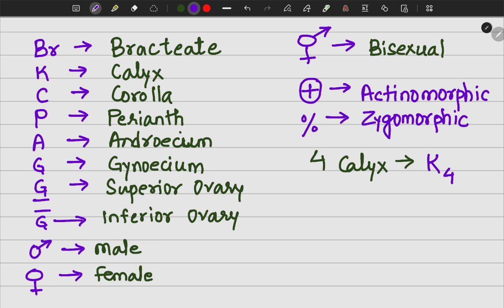So this represents 4 calyx. Now if these 4 calyx are fused together, then that fusion is denoted by enclosing the number of those calyx inside the bracket. So 4 inside the bracket means 4 calyx are fused together. Alright?